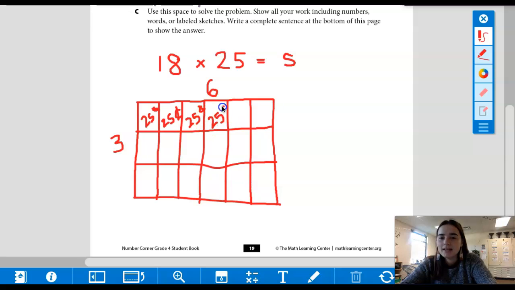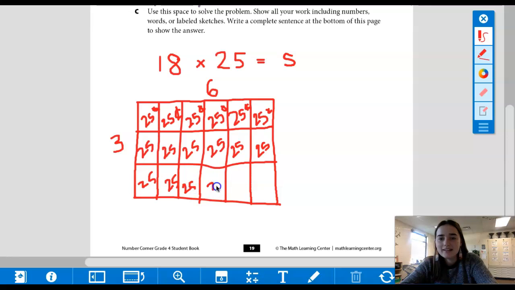How many quarters would we need to get to $1? Well, we need 4 to get to $1. So let's group these. I'll write it out really quick: 25, 25. We're going to group these by 4s so we can see how many dollars we have.